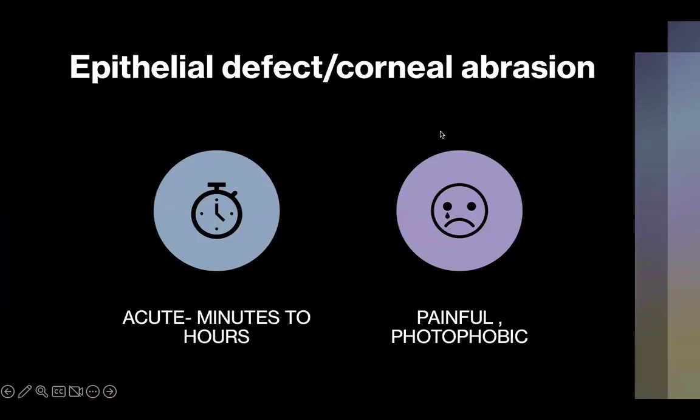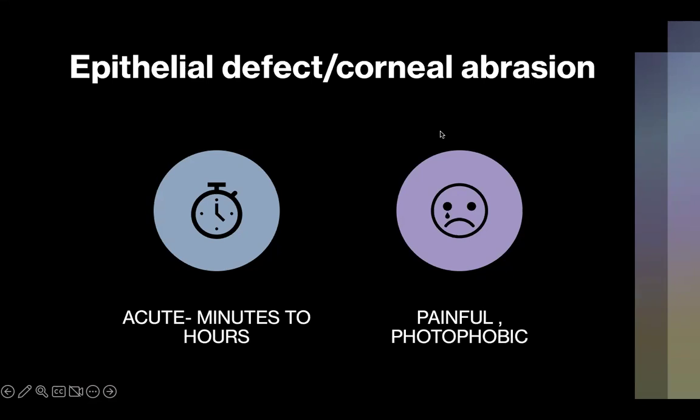Right. So epithelial defects, very common. What happens is the bike riders, and then children can get things into the eye and they scratch the eye and then the superficial corneal epithelium peels off.